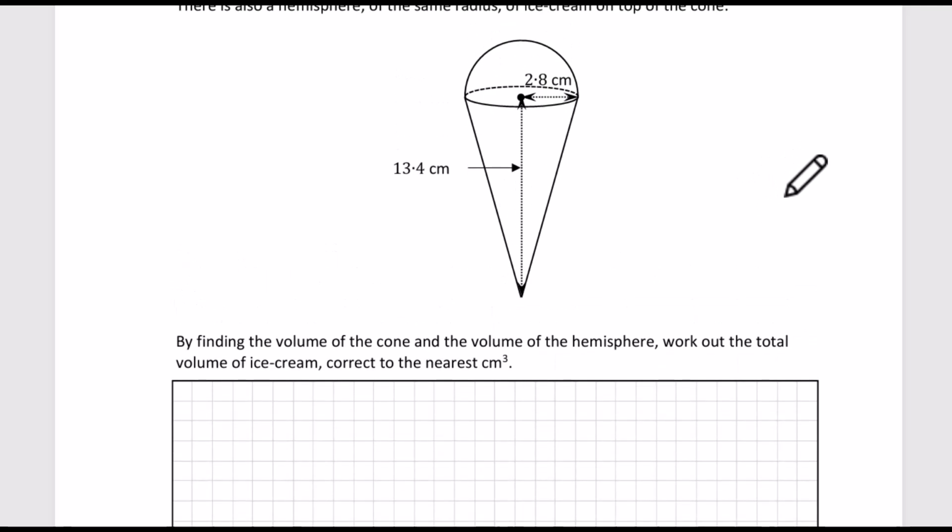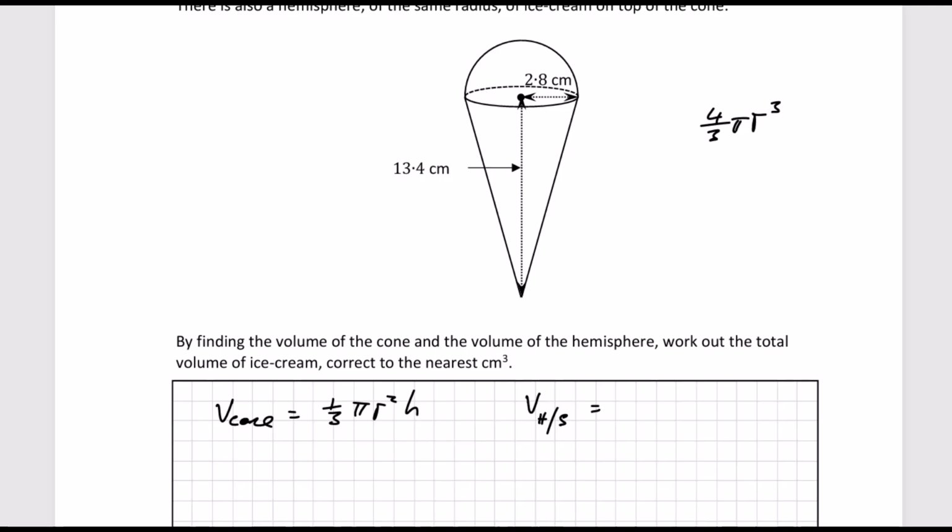So we need our tables there just to write down the volume of a cone. So the volume of a cone is 1/3 pi r squared h. We also need the volume of a hemisphere. Now the volume of a sphere is 4/3 pi r cubed.